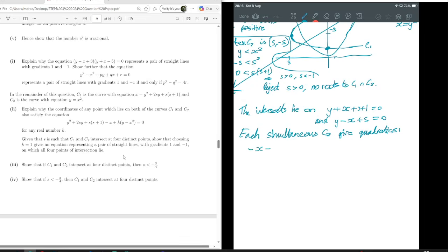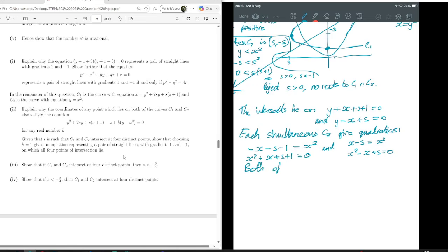So from the first one, rearranging to make y equals the x squared. So this one's going to be x squared plus (s plus 1) x... x squared plus x plus s plus 1 equals 0. And the other one is x minus s equals x squared, or x squared minus x plus s equals 0.